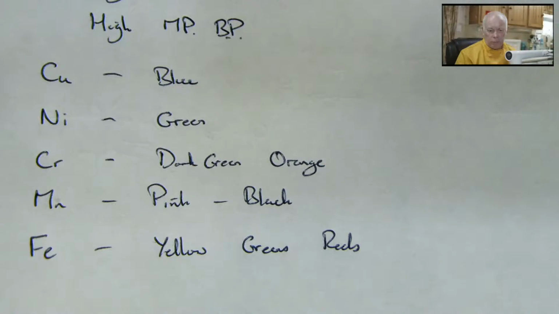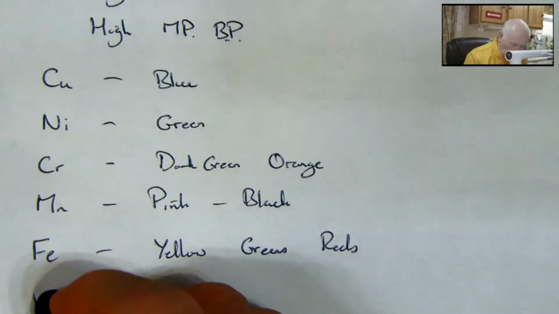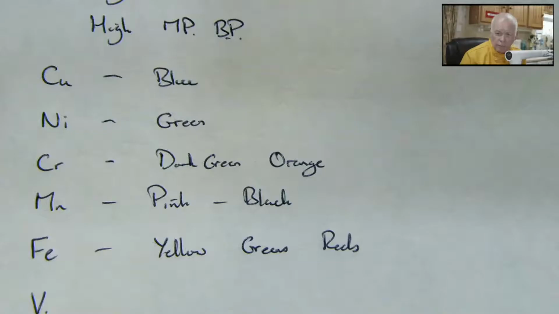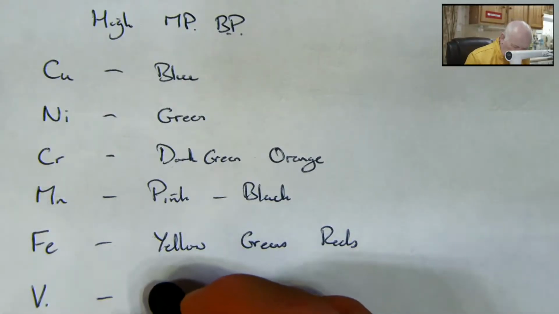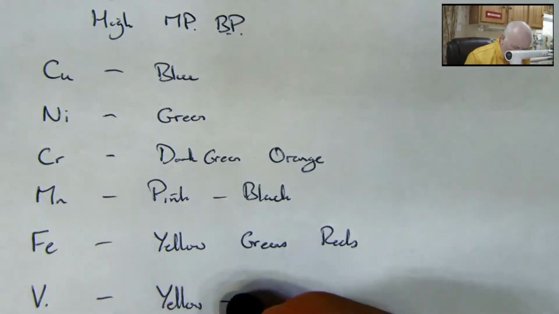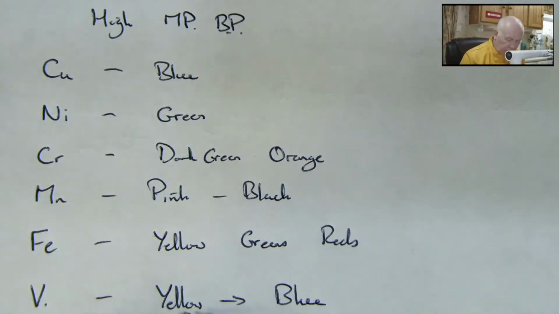Where you can have a look at the different colors of vanadium, and we'll put a link in the description to allow you to go and have a look at the different colors of vanadium. Vanadium starts off as yellow, then it goes to blue, and it confuses most students immensely because they all tell me it goes green, and I say no, it's gone from yellow to blue, and they argue and they say no, it's green, sir.